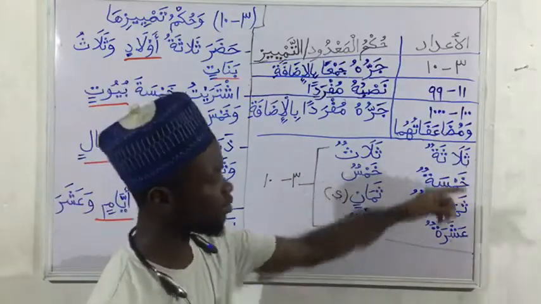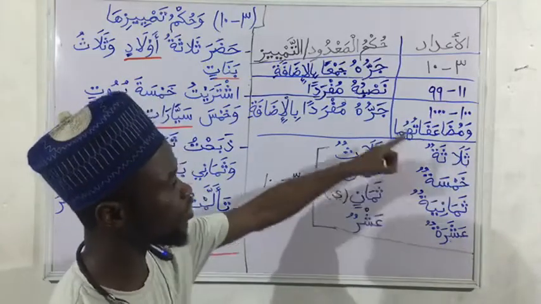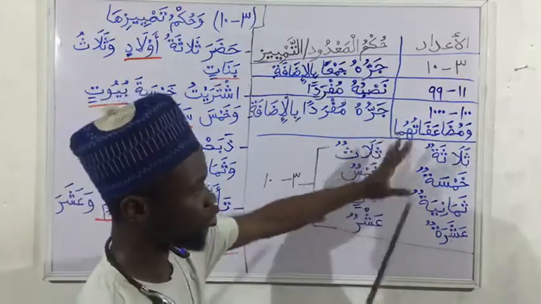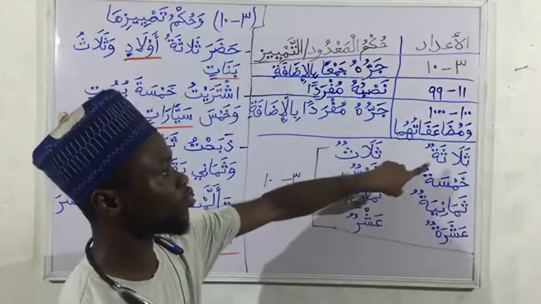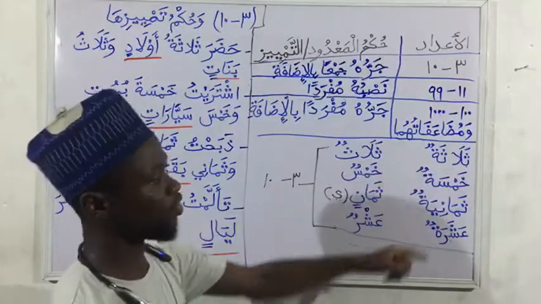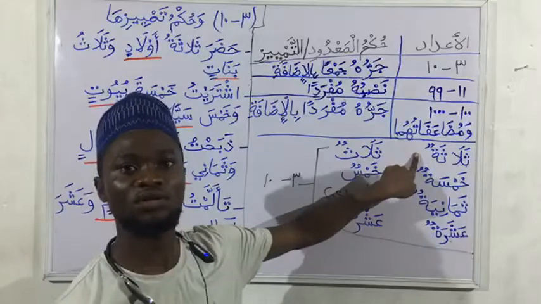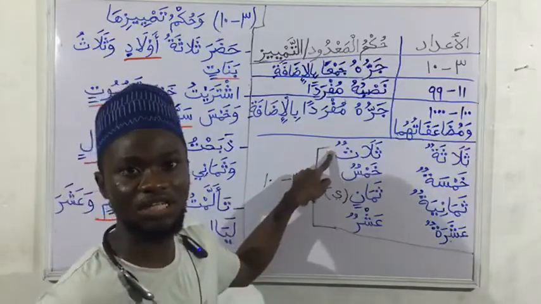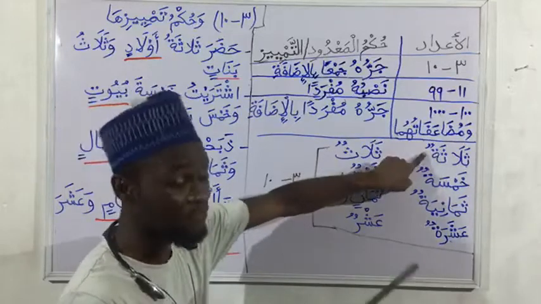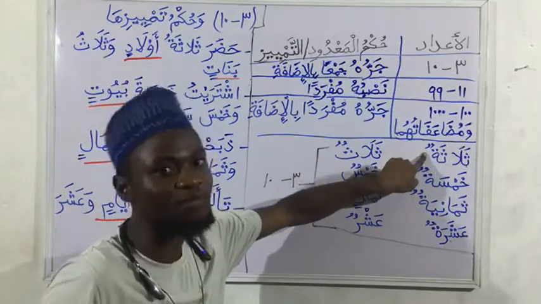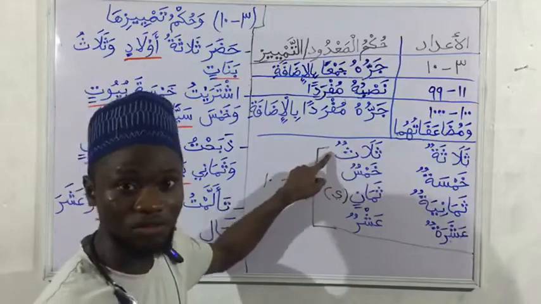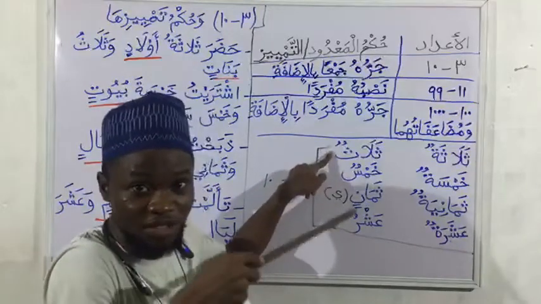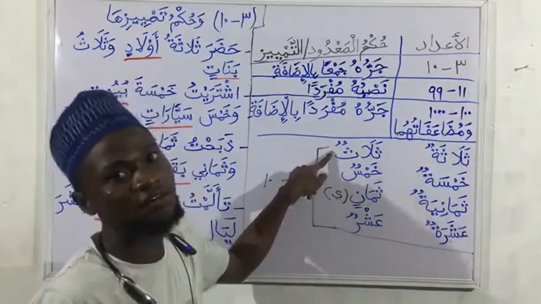Then the next one, I did not write all of the numbers because of spacing. So the important ones are here, but I'm going to be mentioning the other ones. So thalathatun, the feminine form for 3, but it quantifies masculine nouns. And thalathun, the masculine form of the number, but it quantifies feminine nouns.